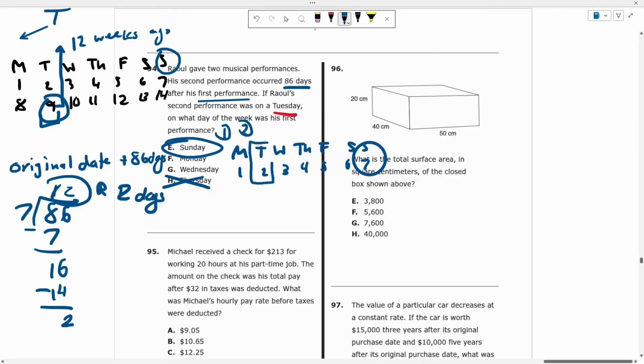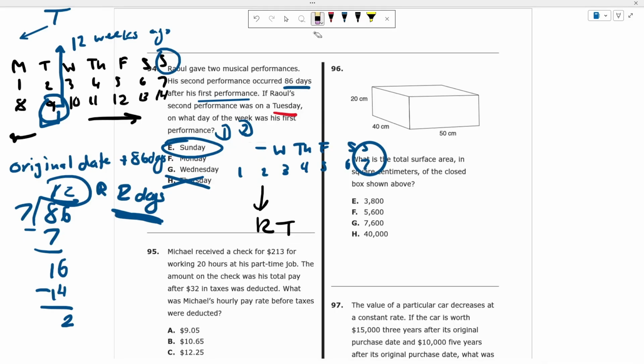It's going to be Tuesday. So that's the remainder 2. And then we know that there's 12 weeks inside of 86 with the remainder of 2 days. So we go 2 days away from Sunday to get to Tuesday, and then we could just go 12 weeks down to Tuesday. So remember that just because you're going back in time doesn't mean you follow the same order, right? You actually have to go back in time and continue going back 2 days from Tuesday, which is going to be Sunday. That's how you solve this problem.